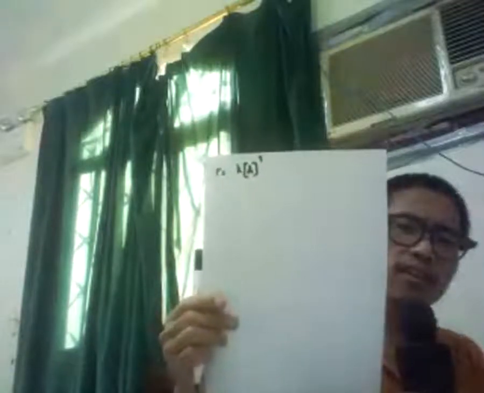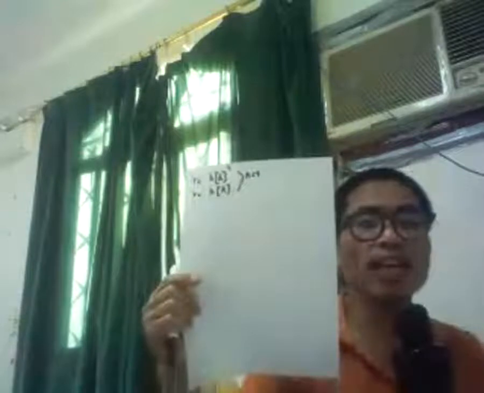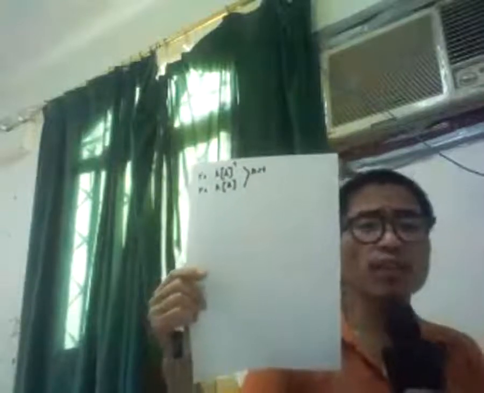Notice, this will become r equals k times [A] only. Guys, in this n equals 1, or first order overall reaction order. So this is dependent on the initial concentration or the final concentration.